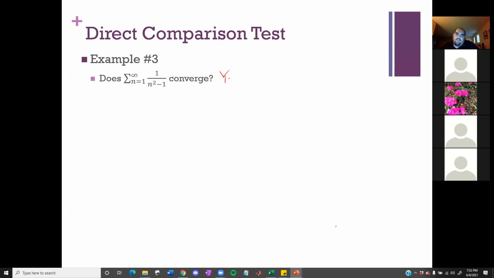Okay, I don't really know yet, but we're going to say yes. Colin, why do you think it does? Is there another series you're thinking about? I was thinking of 1 over n squared. Okay. Now, can we use our direct comparison test with 1 over n squared?